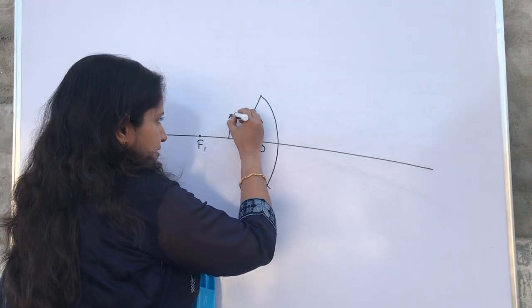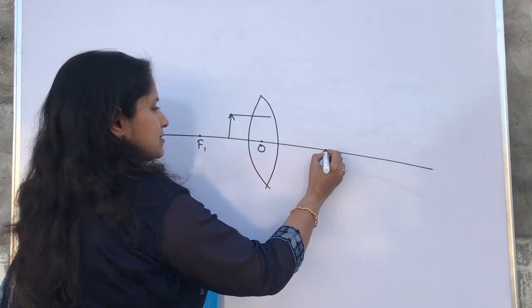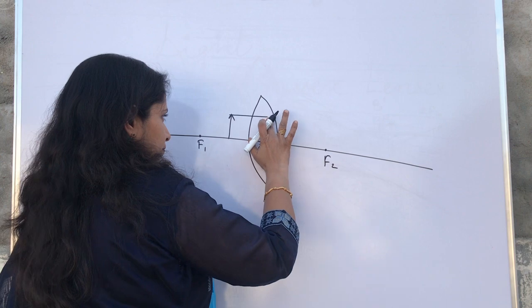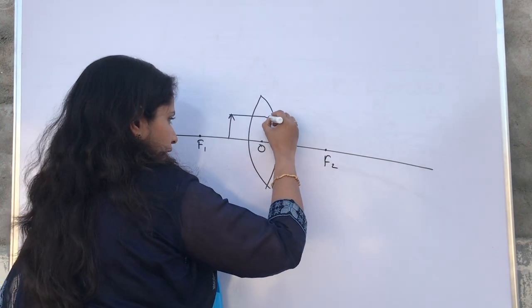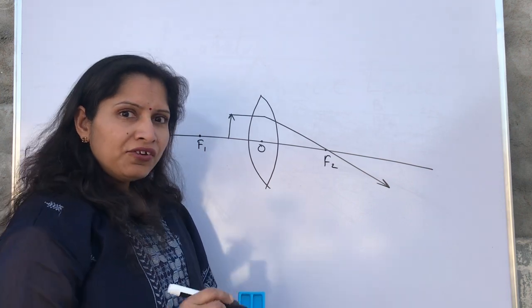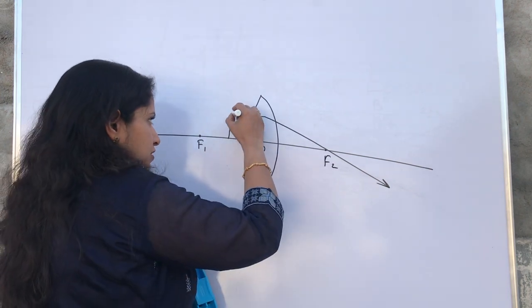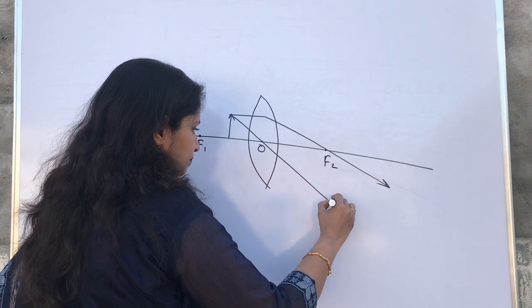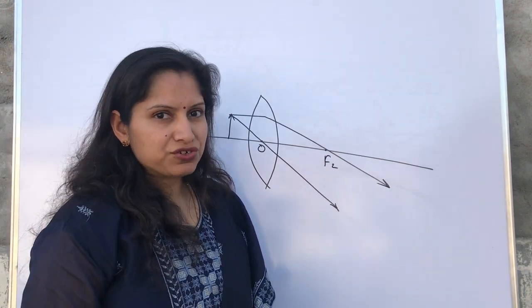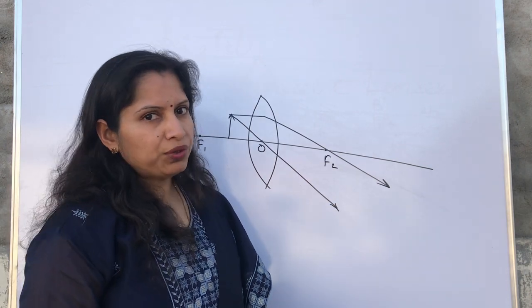One of the light rays that is coming parallel to the principal axis after refraction will pass through F2. Another ray of light that is passing through the optical center is going straight. It's not getting bent. It's going on straight without any bending.